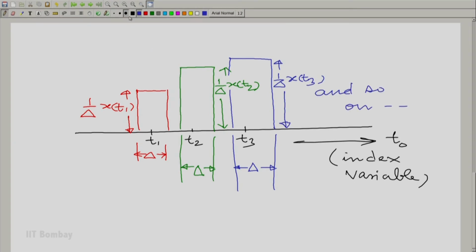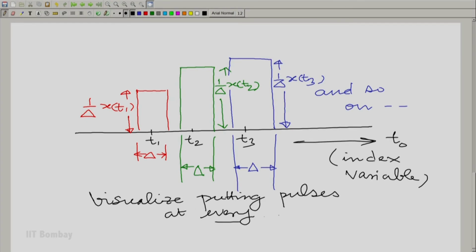Now visualize putting pulses at every t0. So, here you have x at t1, you have x at t2 and so on, and maybe you have a function that goes, let me show that function in the red color again. You have some continuous function here which goes like this perhaps. This is actually, graphically we are trying to show 1 by Delta times x of t0 here. Visualize putting pulses at every t0.